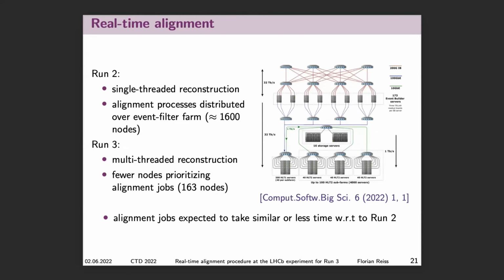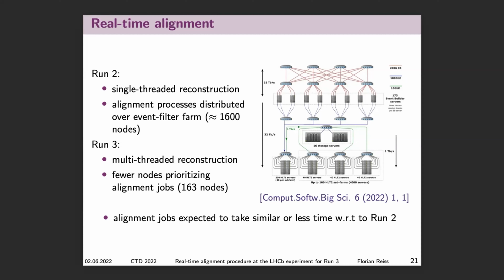One of the big differences between Run2 and what we want to do in Run3 is that in Run2 our reconstruction was running using just a single thread. So we had to distribute the alignment processes over the whole event filter farm, where HLT2 was running, which was about 1,600 nodes.